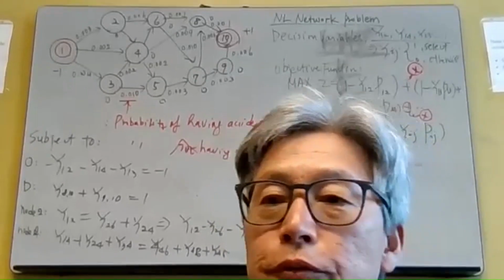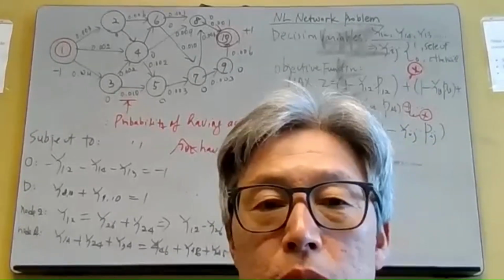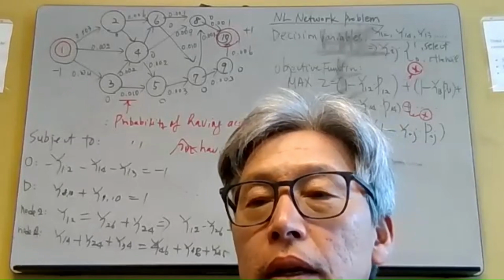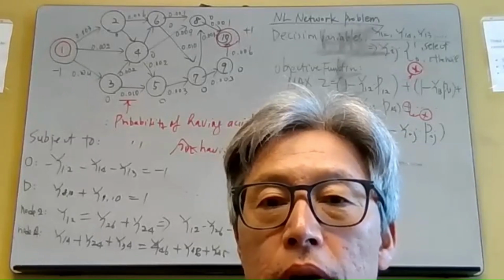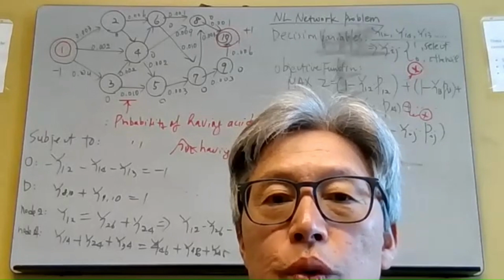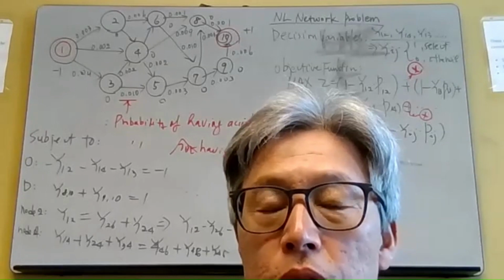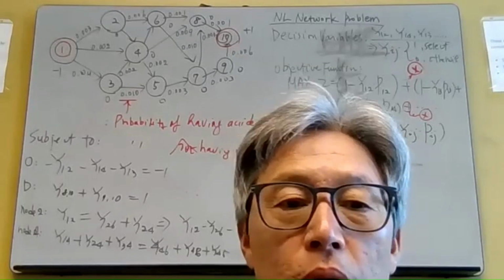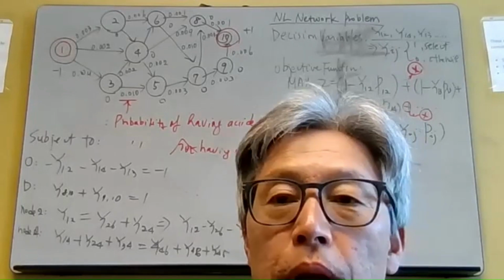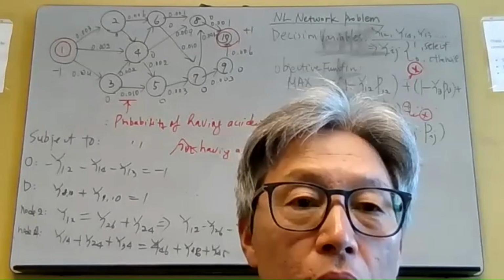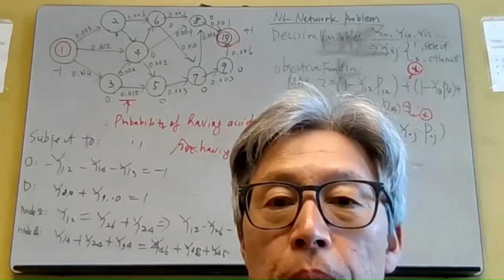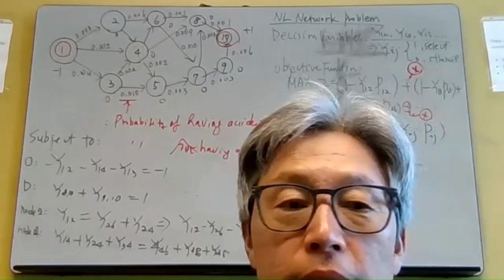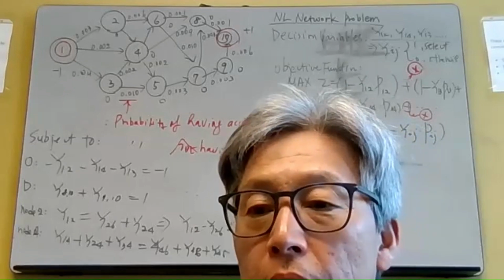Once you formulate these on your spreadsheet, open Data and click the Solver menu, then you will have the Solver parameters. We are maximizing the probability of not having an accident in cell G24 by changing the decision variables from A6 through A23.